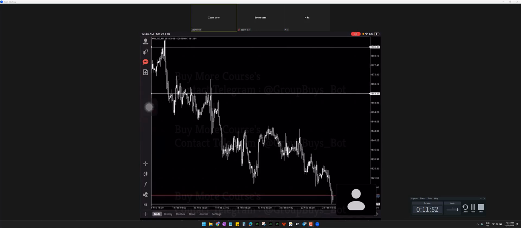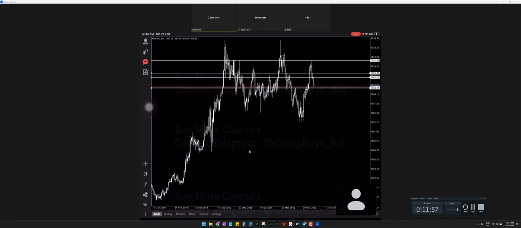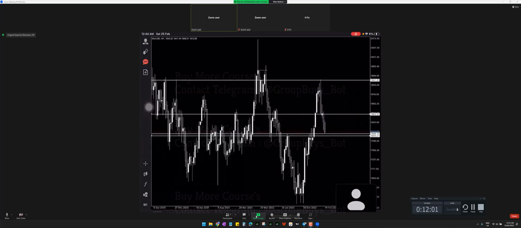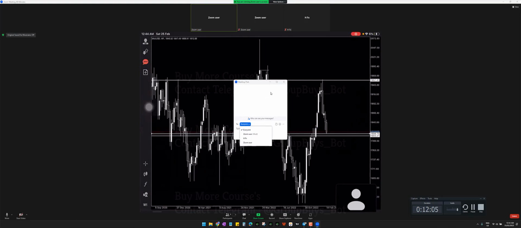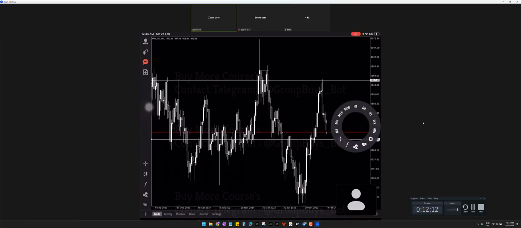Okay, so we continue. If you see the current market right now, this is the daily level. So I mark the weekly. Right now, the price must go to the weekly.